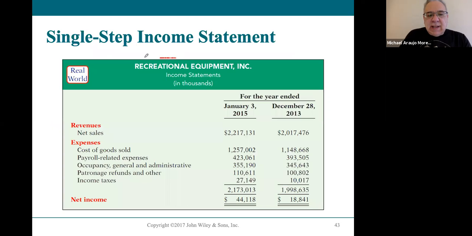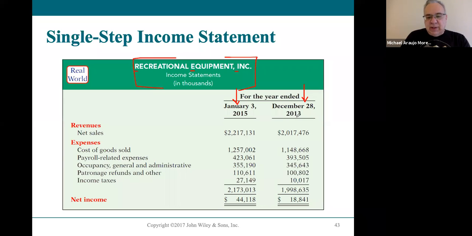It's very, very easy to read, and you've seen them before. Here is a single step income statement for REI. Remember that company is like a sporting goods, outdoors goods type of company. This is their income statement for two separate fiscal years.